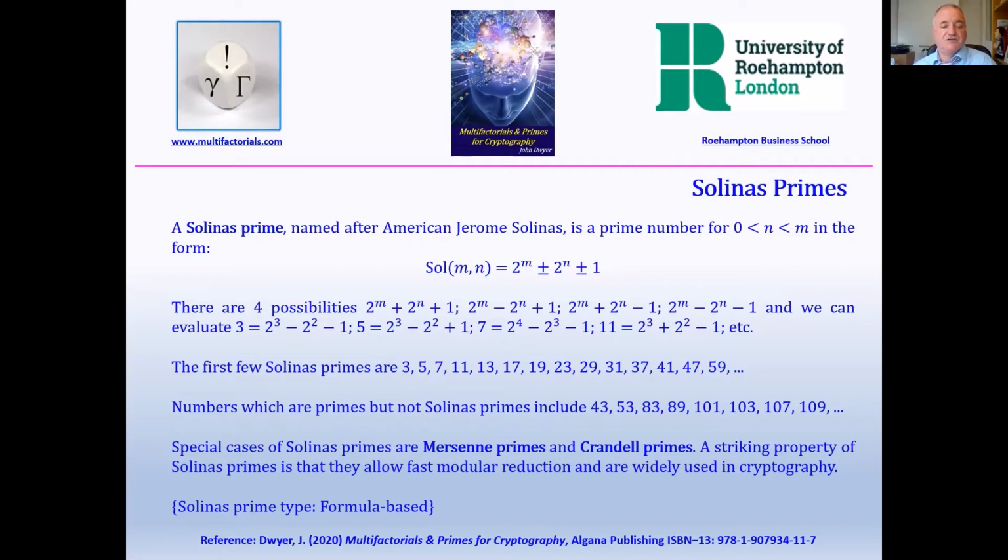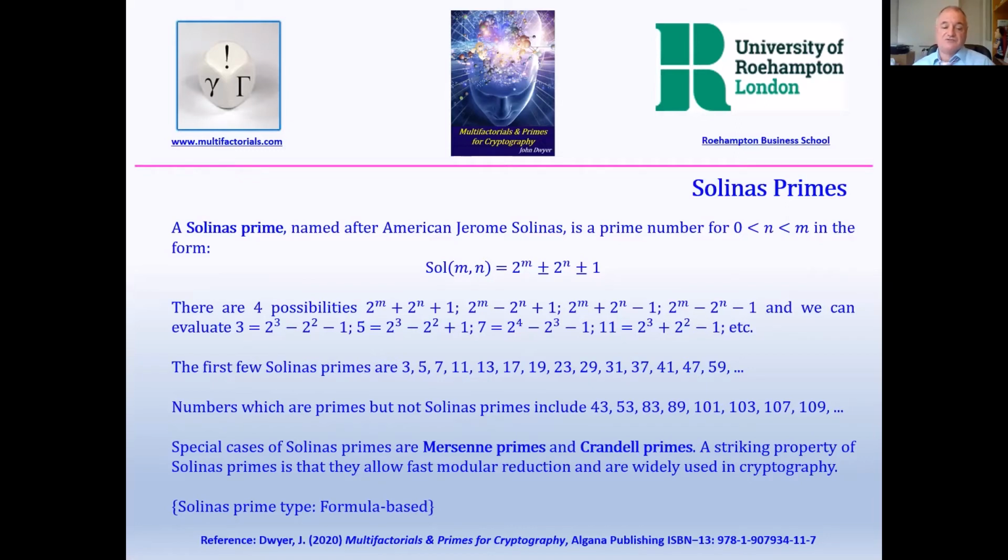And the first few Solinas primes are 3, 5, 7, 11, 13, 17, 19, and so on. Numbers which are not Solinas primes include 43, 53, and so on. Now, the Solinas primes are special cases of Mersenne and Crandall primes, which are both discussed in chapter 3.